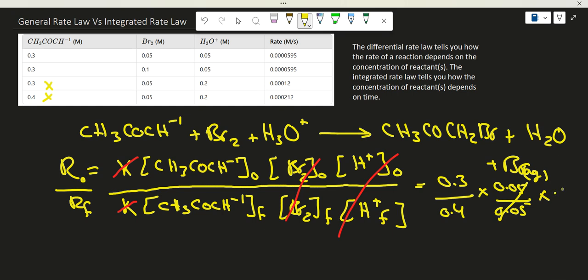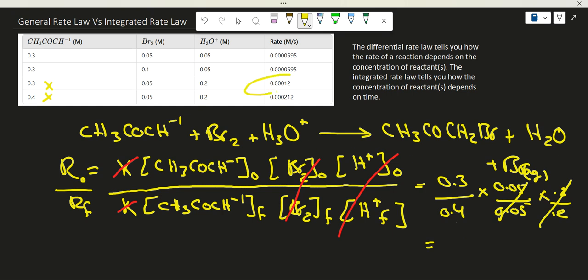And you have the 0.2 hydronium divided by 0.2, which will cancel as well. And this whole thing is equal to the rate, initial over final, which is right here.